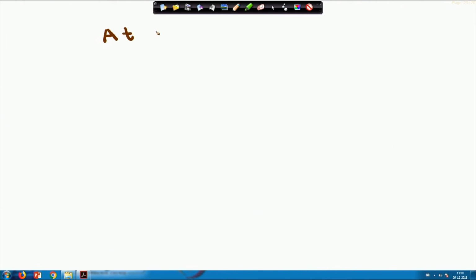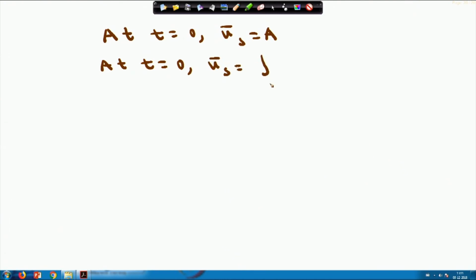At t equals 0, your u bar s equals a. Let us see what happens at t equals 0. What is your u bar s from definition? U bar s you can write down as integral from 0 to infinity of u(x,0) into sine of alpha x dx, and this root over 2 by pi I have just omitted because again I will use this.